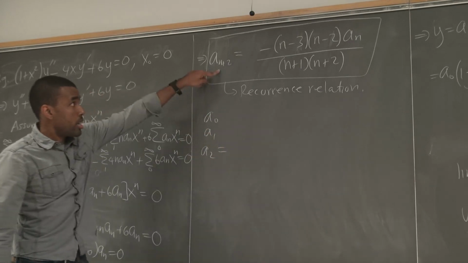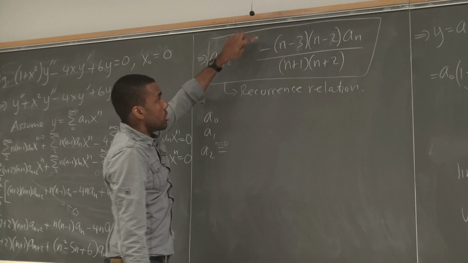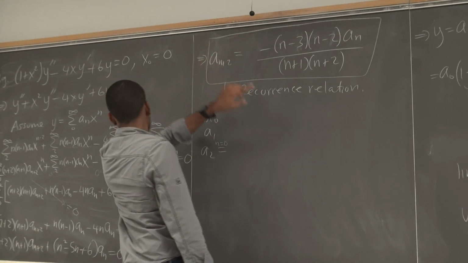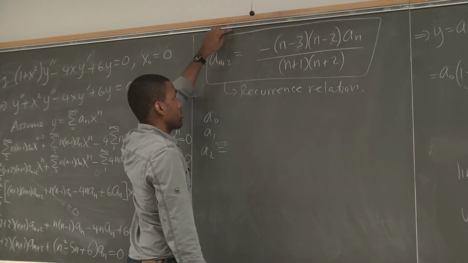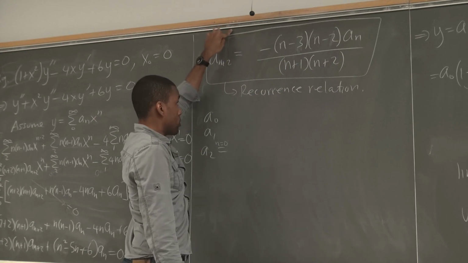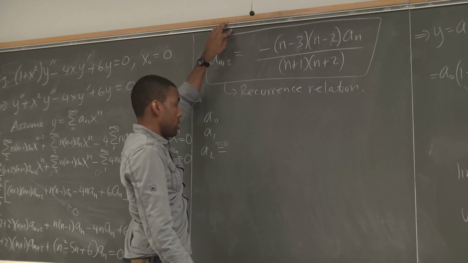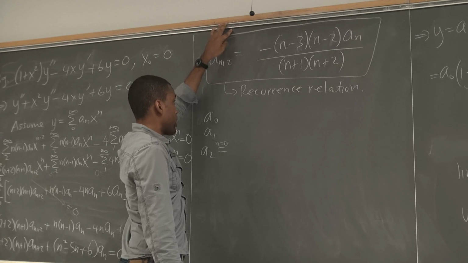We're going to use this and plug in n equals 0. How many terms did I ask for here? Maybe we'll do up to the first 4 terms or something. I didn't mention.